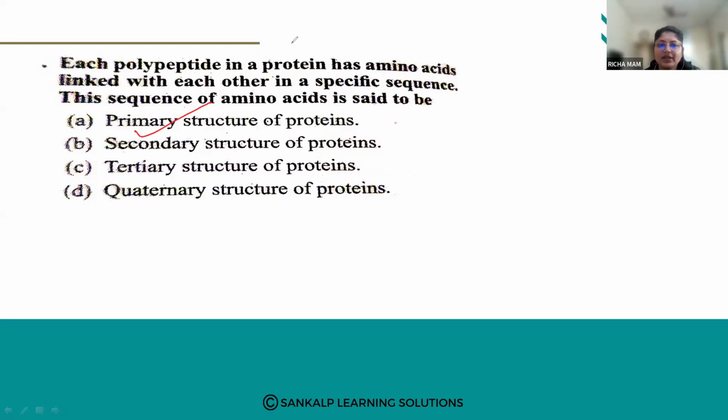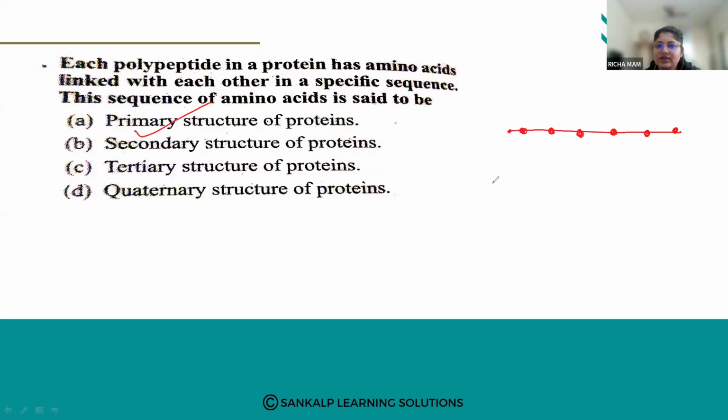In the primary structure of a protein, the amino acids in the polypeptide are linked together in a specific sequence. The primary structure is linear, consisting of amino acids linked in a sequence.